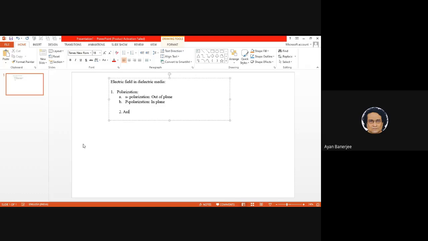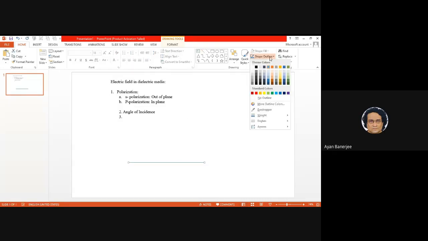So angle of incidence is crucial. What else? Let me think. Change in phase. You think that is important? The refractive index of both the sides. Yes. Absolutely crucial.